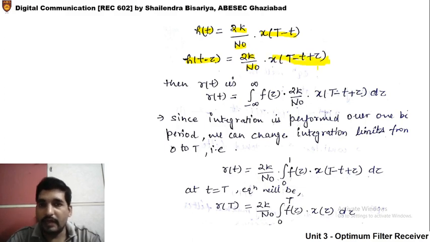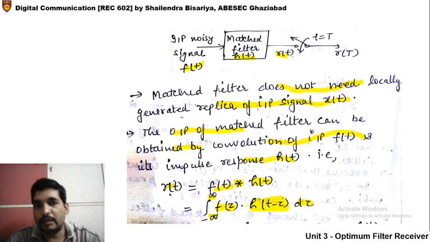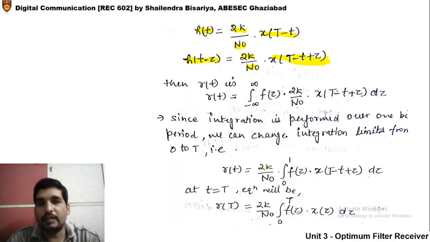Putting this expression in the previous expression, r(t) is equal to the integral of f(tau) times 2k upon n0 times x(T minus t plus tau) d tau. Simple.